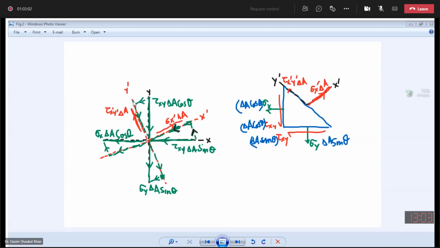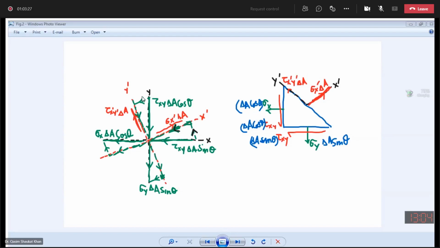So it will have these two components along the y dash and along the x dash axis. Along the y dash we have tau xy delta a cos theta into cos theta, and along the x dash axis, the component will be tau xy delta a cos theta into sin theta.